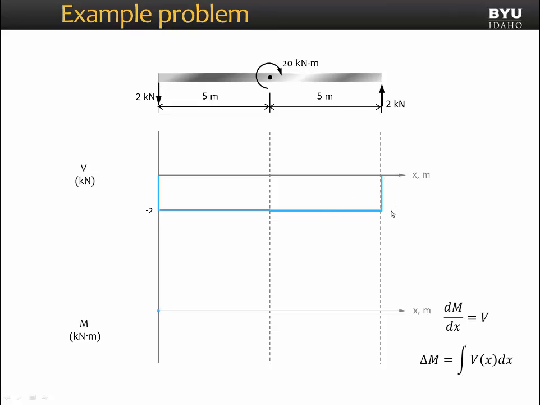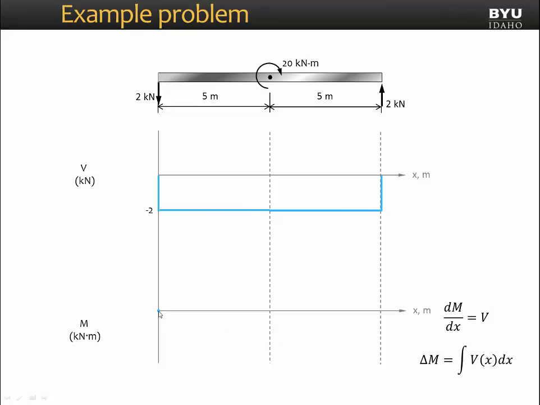Now we draw our moment diagram. Because we have a pin connection at the left end, our moment diagram will start at 0. And using this rule here, which says that the shear diagram is the slope of the moment diagram, we see that our shear diagram is at a negative 2 kilonewtons for the entire length.